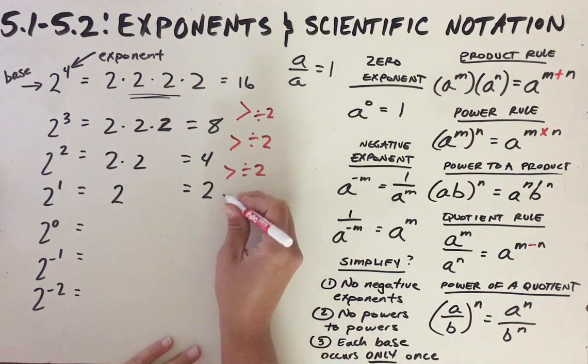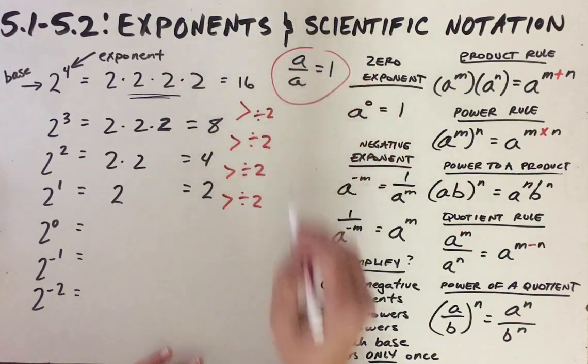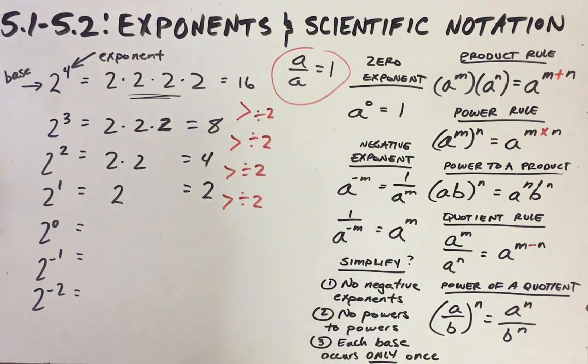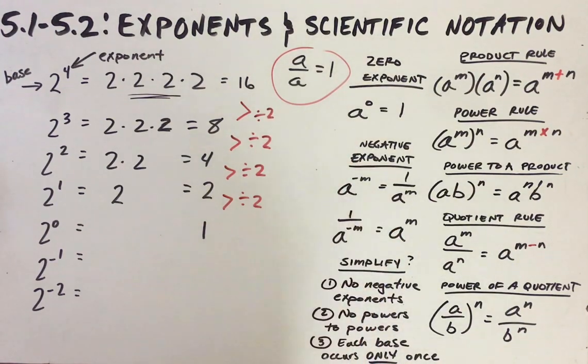So that means that 2 divided by 2, remember that anything divided by itself is 1. Anything to the 0 power is 1. We're going to come back to this in just a minute because we're still working on discovering this negative exponent stuff.